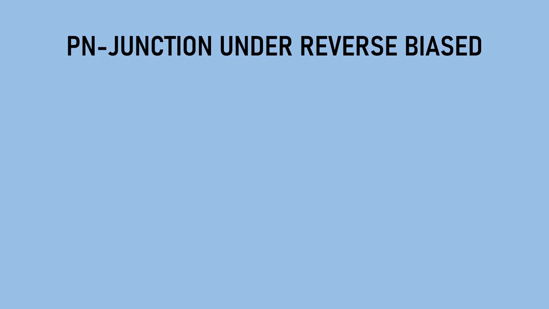Today I will talk about the next important topic of semiconductor diode, that is PN junction under reverse bias condition. In the previous class we already talked about PN junction under no bias and under forward bias condition.